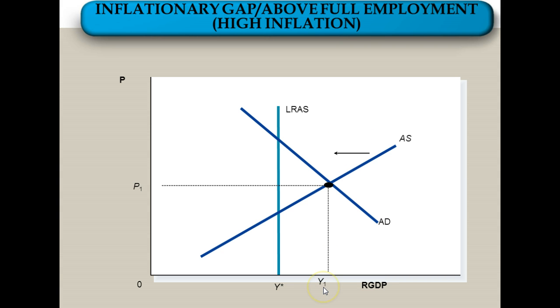By the way, it's also worth noting that in a sense, our unemployment is actually too low. At Y star, we have no cyclical unemployment, but we have the unemployment that, remember, we like: structural, frictional, and seasonal unemployment. We actually need some of that. At Y1, we actually are beginning to cut into what we might call our good unemployment.